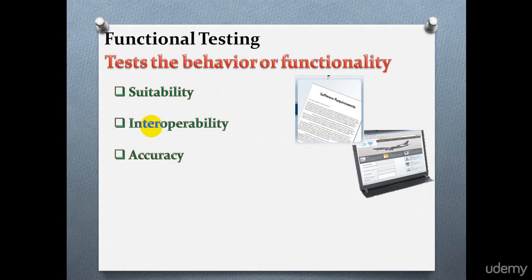Interoperability testing focuses on testing the application with other components and systems that would interact with the application. And testing accuracy ensures that there are no bugs found during your beta testing.